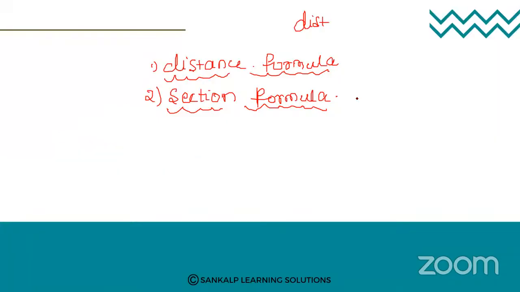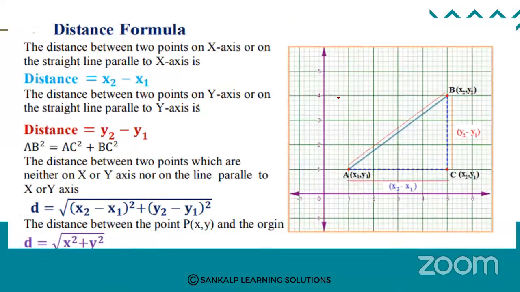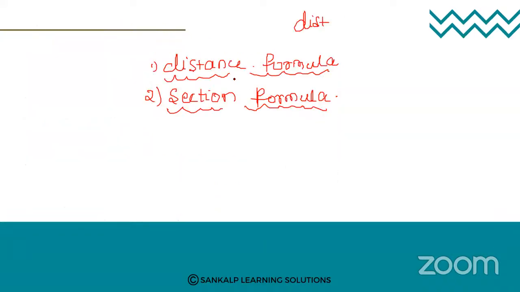Distance formula means what? The distance between 2 points on the x-axis or on a straight line parallel to the x-axis. See, for example, if you want to find out the distance, here point A is there, point B is there. You want to find out the distance between these 2 points.